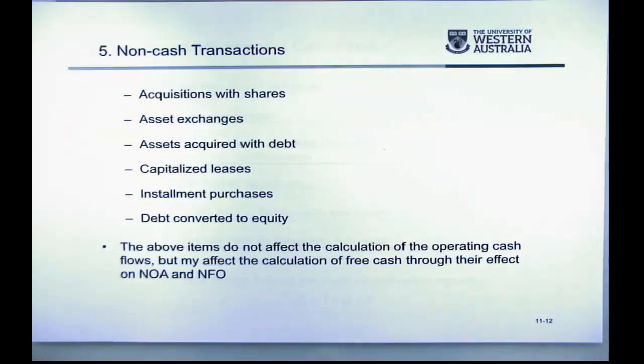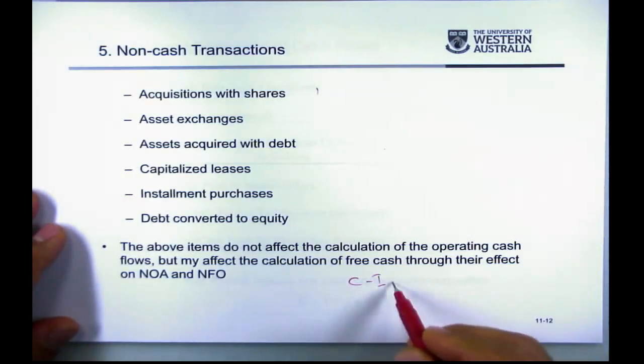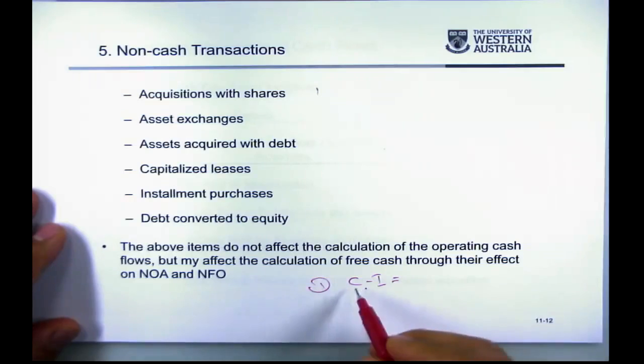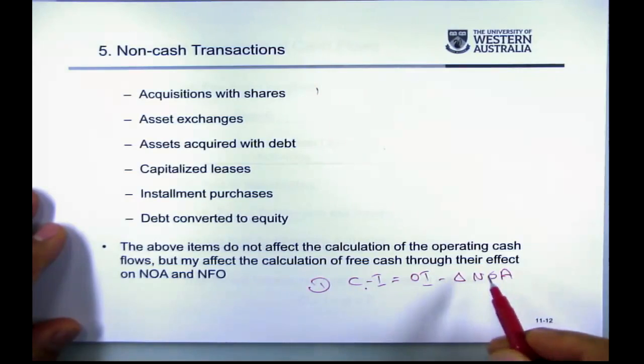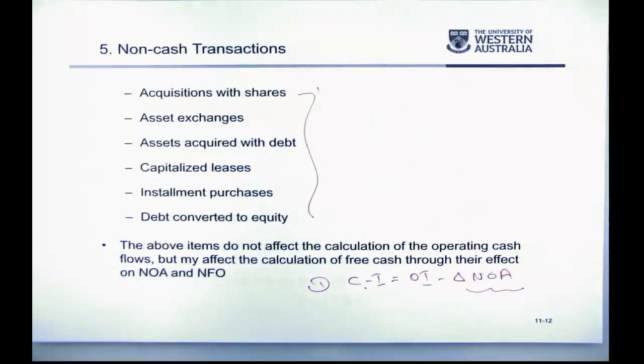There are non-cash transactions. These are non-cash transactions, and they will not affect the calculation of C in the statement of cash flow, but they will affect the calculation of the free cash flow according to method 1 and 2. For example, remember under method 1, C minus I is equal to operating income minus the change in net operating assets, right? Many of these transactions will be included in the calculations of net operating assets, right?